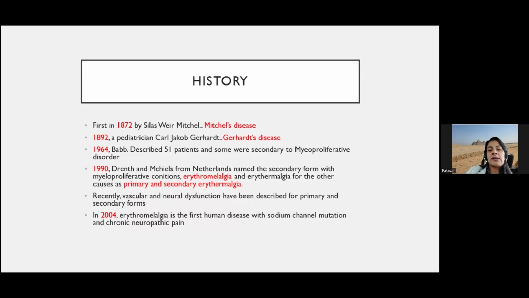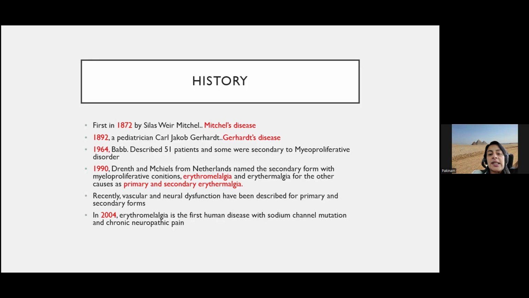So I'll just start with the history of erythromelalgia that was first described by Dr. Mitchell in 1872 and was called Mitchell's disease. And then in 1892 was described further by a pediatrician, Dr. Gerard, and was named Gerard's disease. And in 1964, it was described secondary to myeloproliferative disorder.